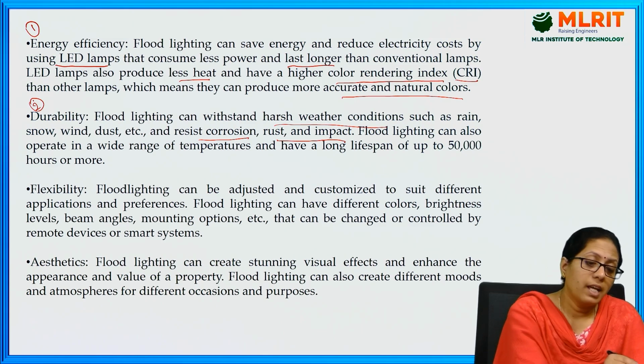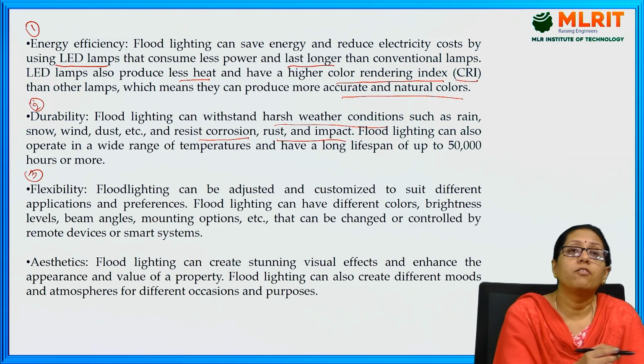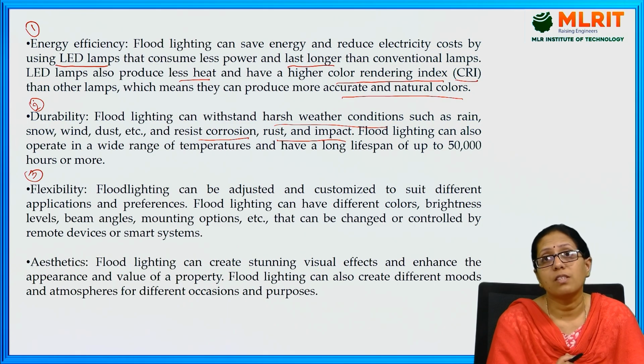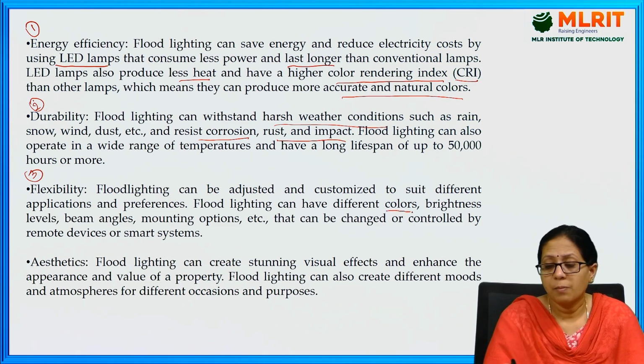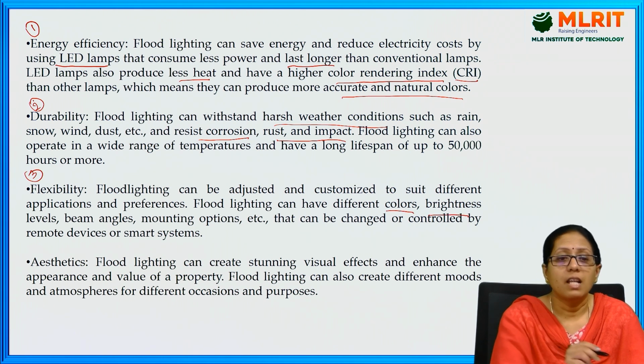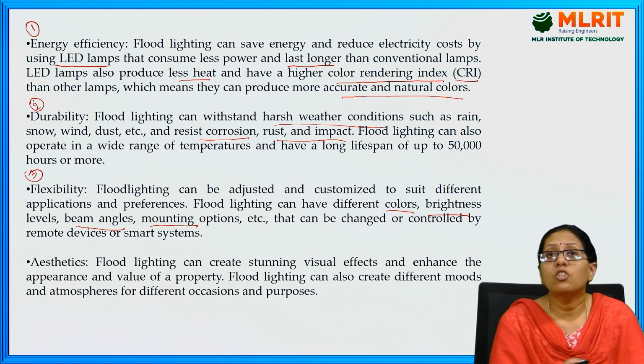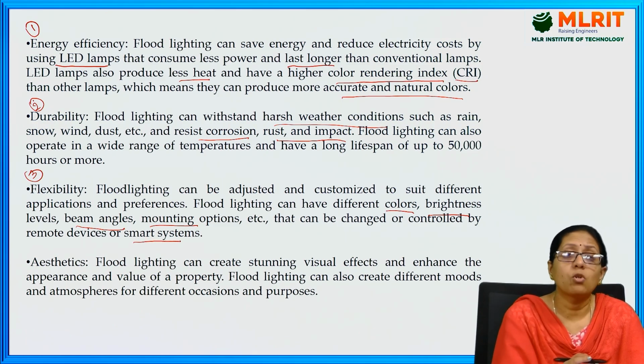The third benefit is flexibility. Flood lighting can be adjusted and customized to suit different applications and preferences. It can have different colors, brightness levels, beam angles, mounting options, etc. that can be changed or controlled by remote devices or smart systems also.